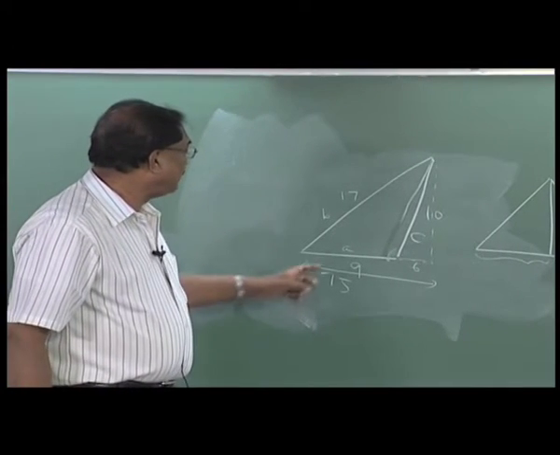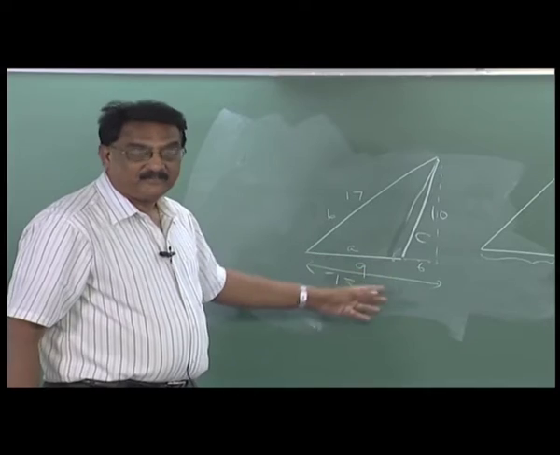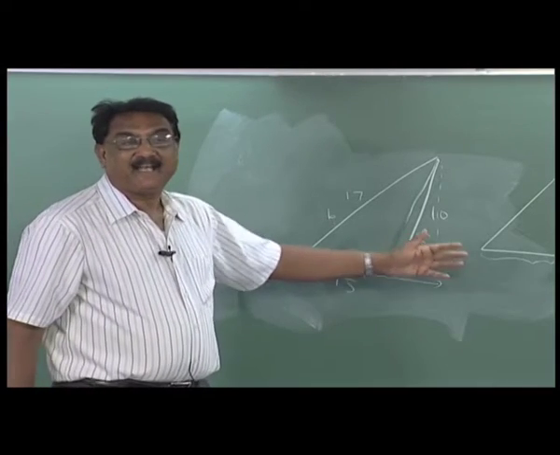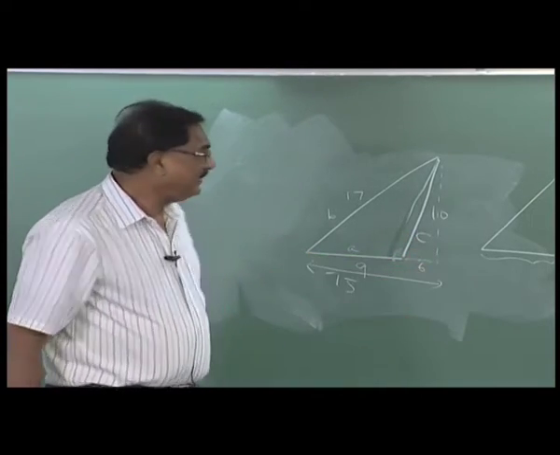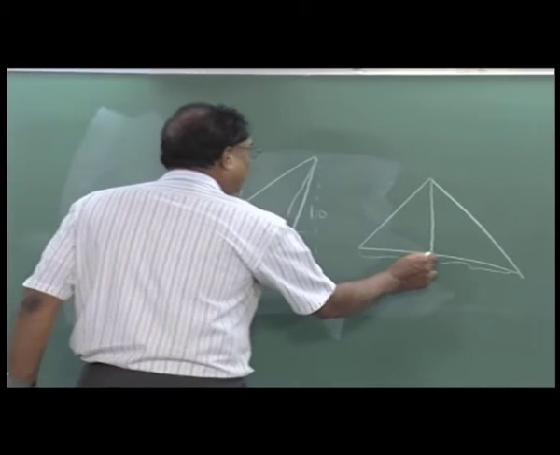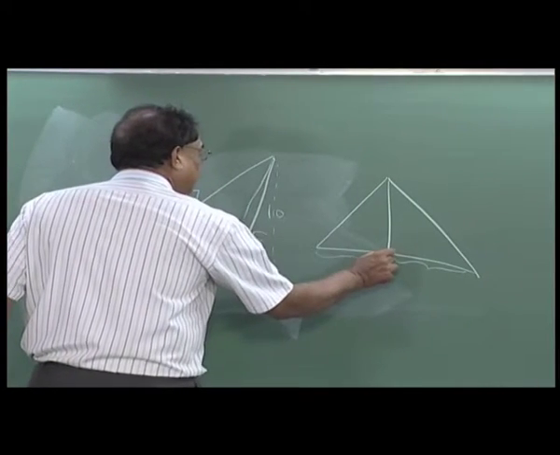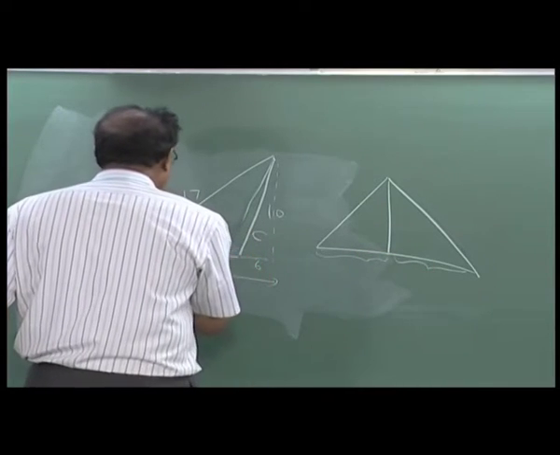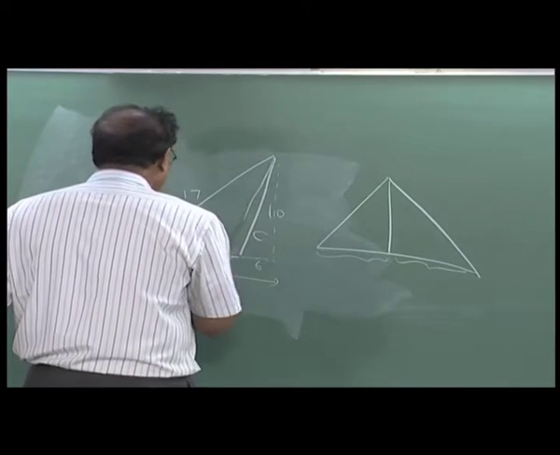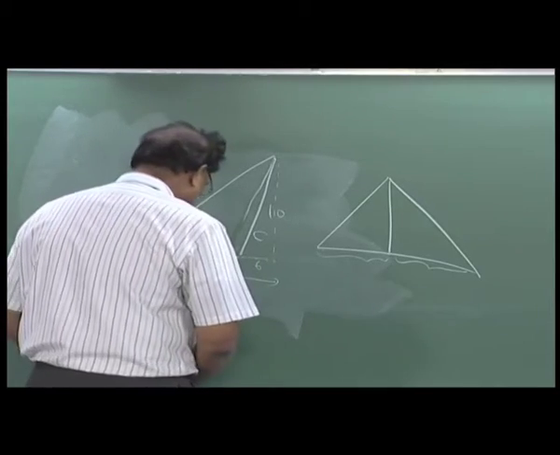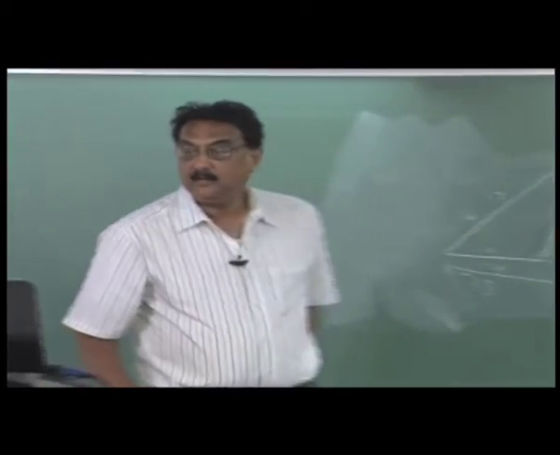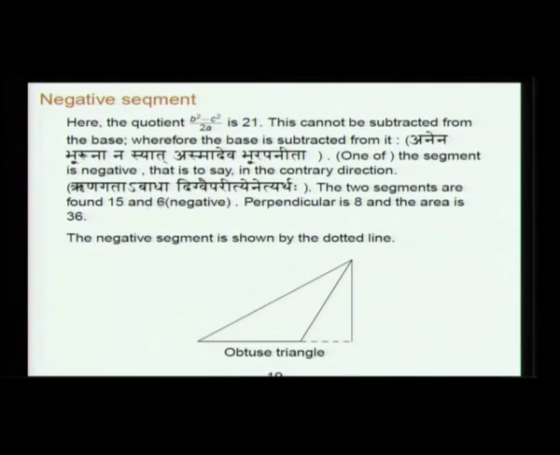Here you have to take 15 minus 6. He is explaining that it is going in the opposite direction. One segment is from this tip to this, and the other is from here to here. So this is a negative segment, which is shown by the dotted line.